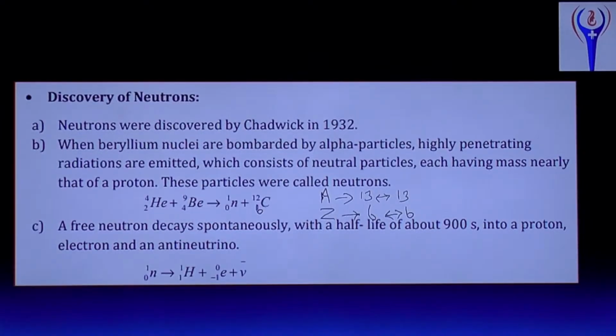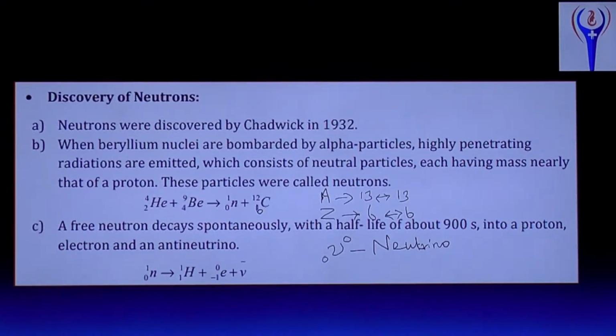Nu bar is the antineutrino. Actually, nu is the neutrino. In terms of atomic number and mass number, nu is 0, 0. That is the neutrino. Nu bar is the antineutrino. Antineutrino means everything is similar, but its spin is opposite.